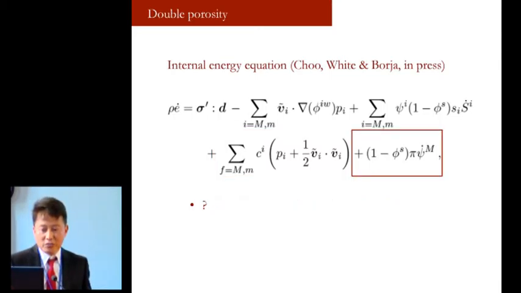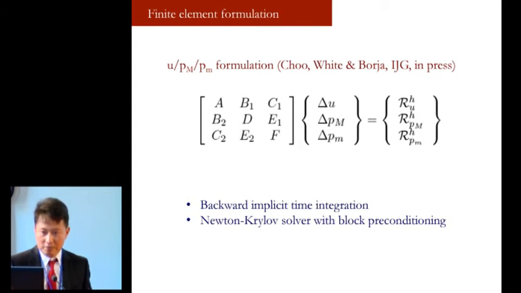And then the mass transfer term also appears on the right-hand side of the expression for the rate of change of internal energy. And finally, there is this extra term on the right-hand side that at this point we still cannot physically explain, the reason being that we don't have any experimental evidence that shows that this relationship is indeed meaningful.